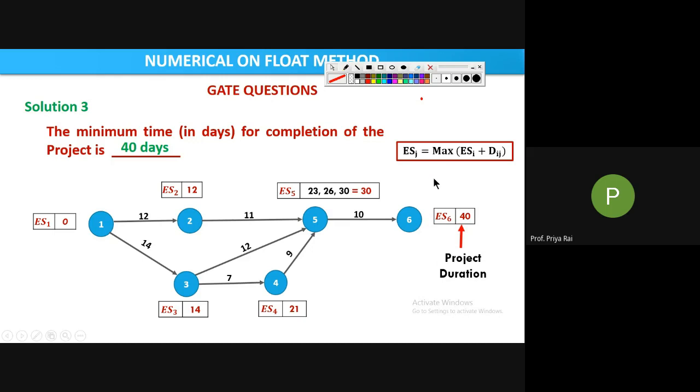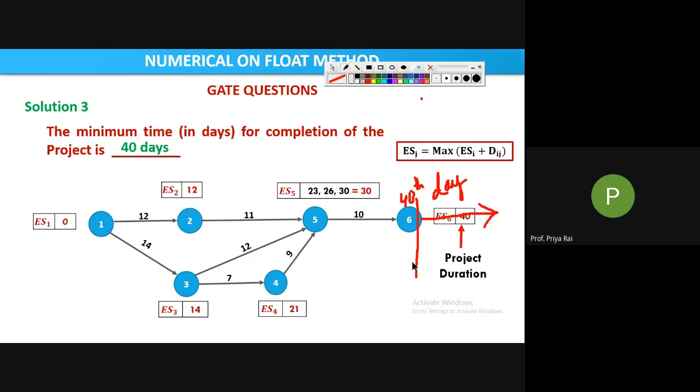Earliest start time. What does earliest start time mean? From this 6th event, whatever activity will be started will start as early as possible on the 40th day from the start of the project. That means any activity which will start from here, but here the project ends.